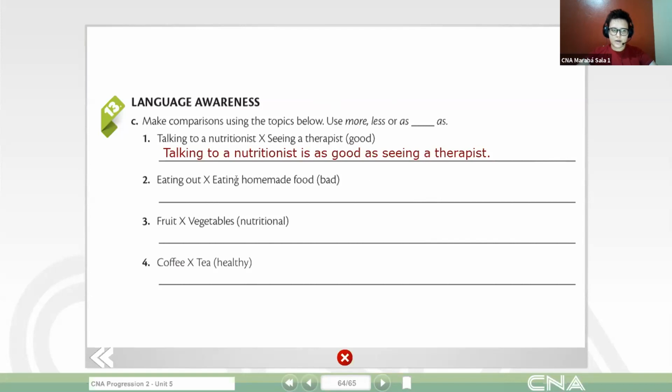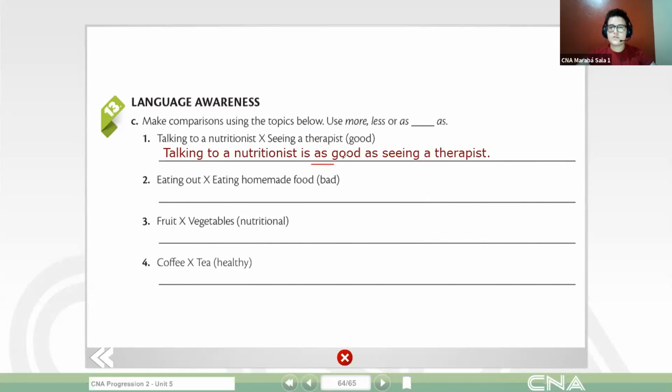Okay, let's check. I'm going to write here one option for each sentence, but there is more than one option of a correct answer, okay? But I will try to write one example of each kind of comparative. So in the first one, I did similarity.